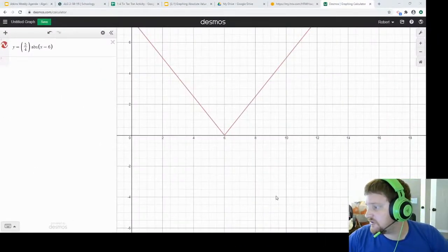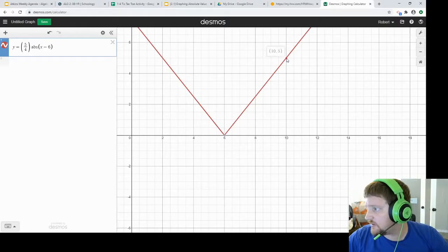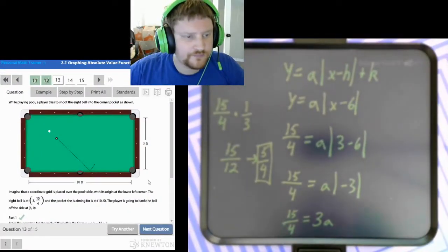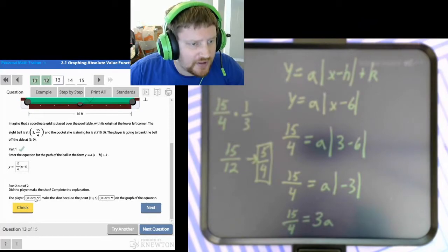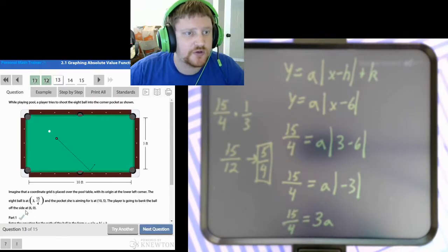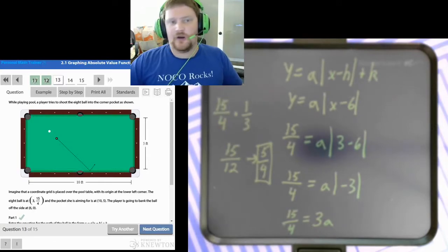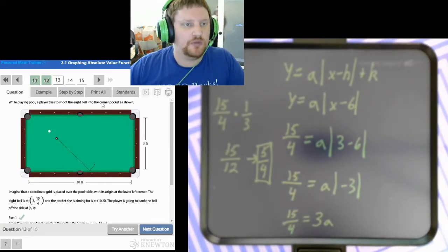So if I go to 10, here's 10, here's 5, and it looks like 10, 5 is in fact on that line. The player did make the shot because the point 10, 5 is on the graph of the equation. Alright, so that takes care of problem 13.